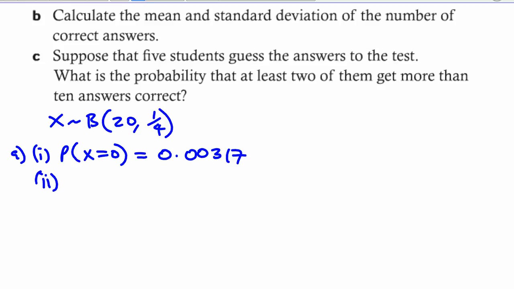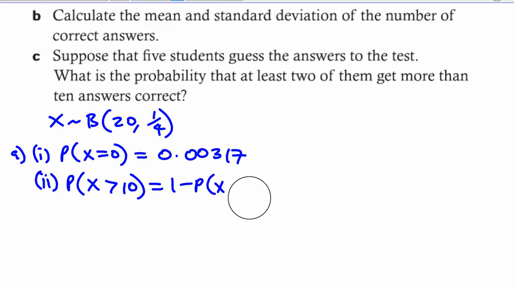So A2, the probability that more than 10 are correct. So x is greater than 10, which is the same as 1 minus the probability x is less than or equal to 10.